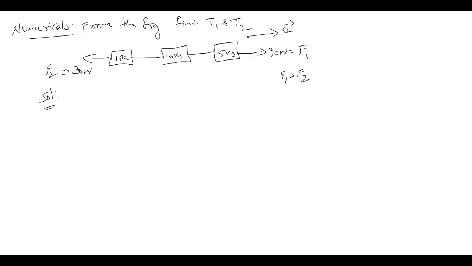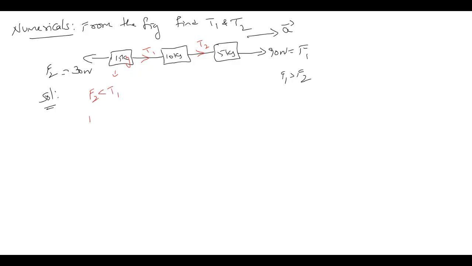So if you take for this one, for 15 kg, here force is this side, tension is this side. Let us take T1 here, T2 here. Then T1 will be greater than T2 because this force is not applying. Tension is more. Here F2 is less than T1.